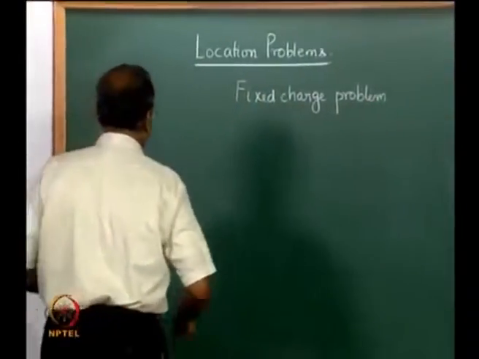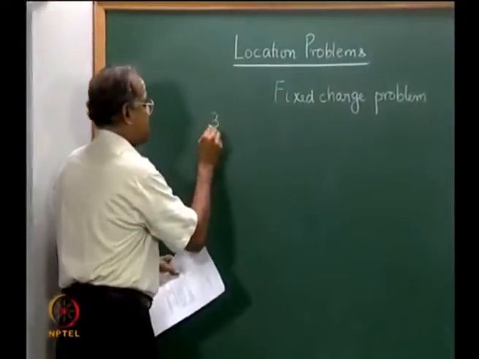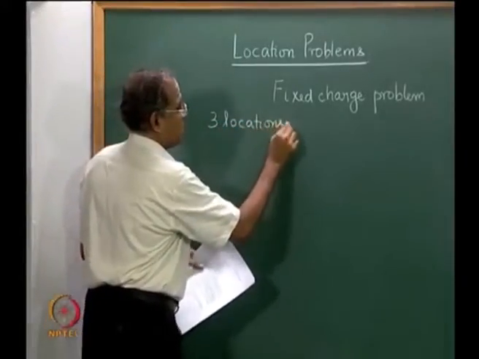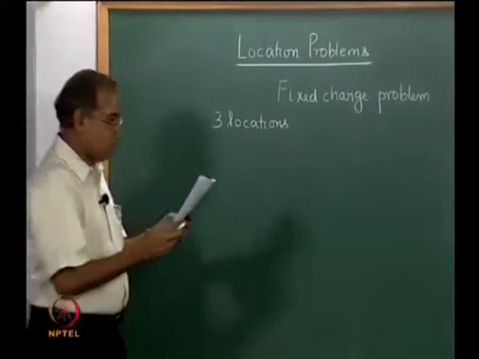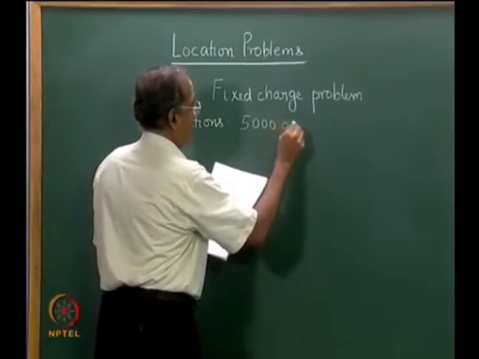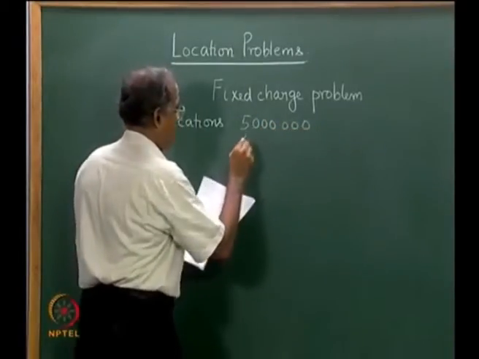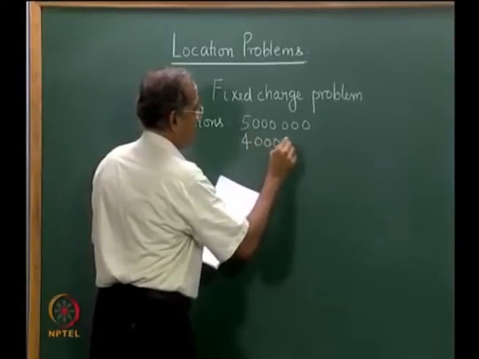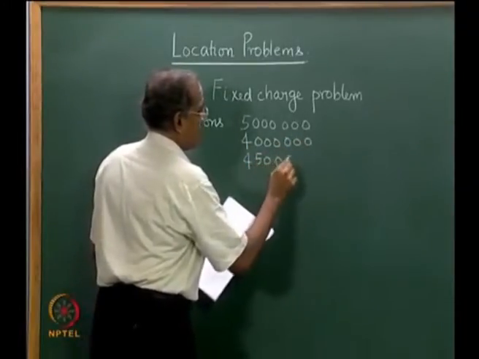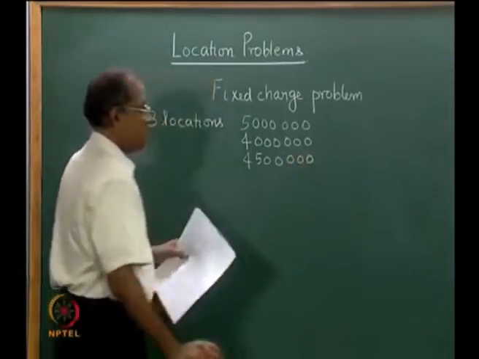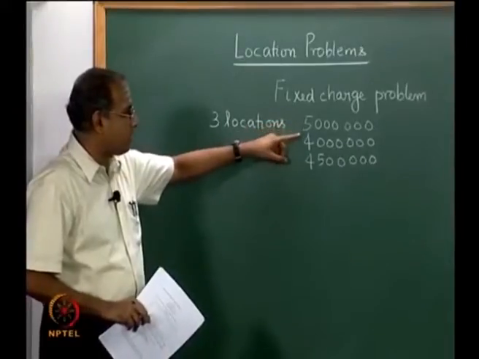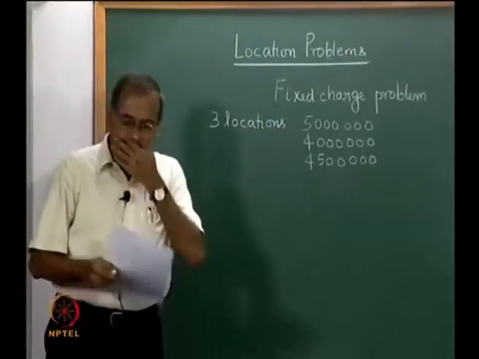Now, let us consider three locations and the fixed cost to locate in these. For the three facilities, the fixed cost could be taken as 5 million, 4 million and 4.5 million.